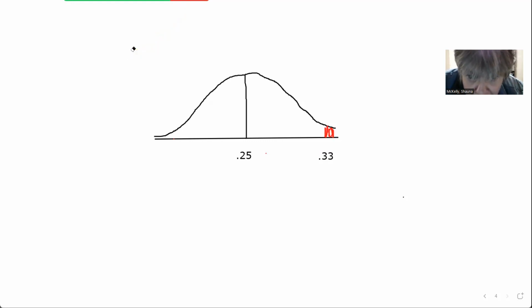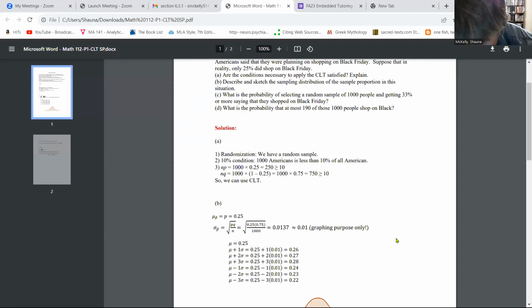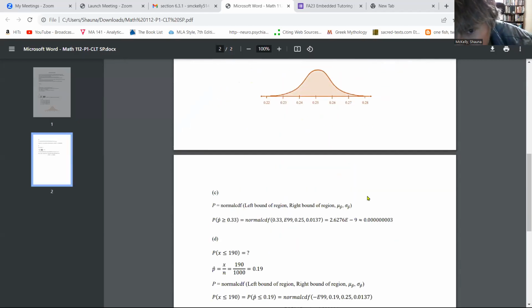Come up here and delete that line. Now I'm going to go back to my share here and show you what we have. So we have the line, we have the distribution, okay? 0.33 would be out here somewhere, so it's way far out in the tail.